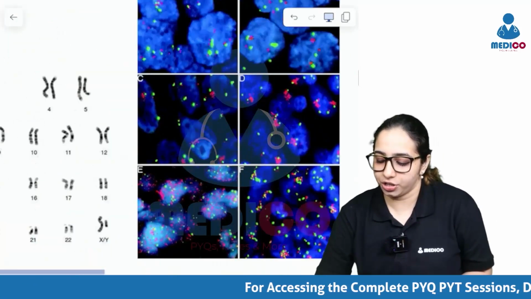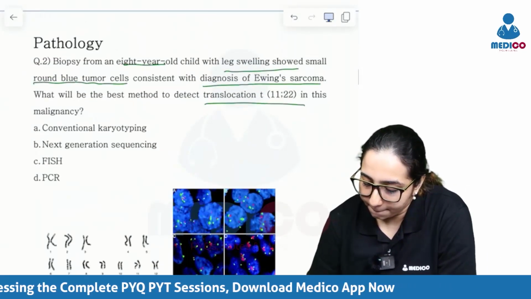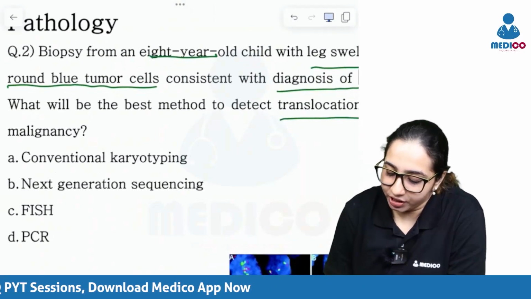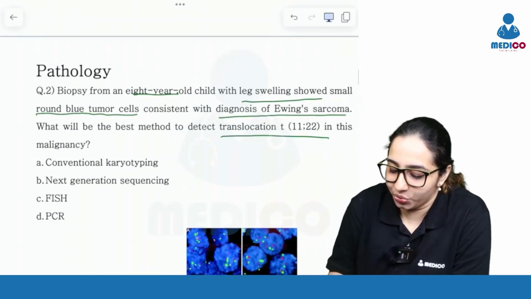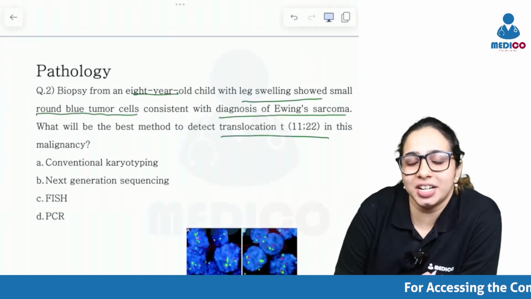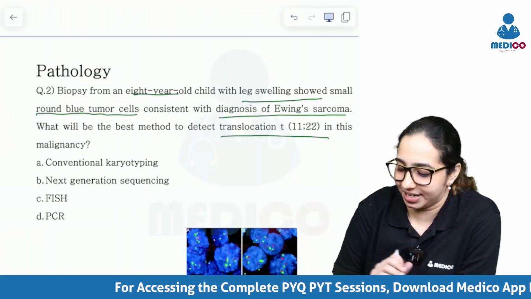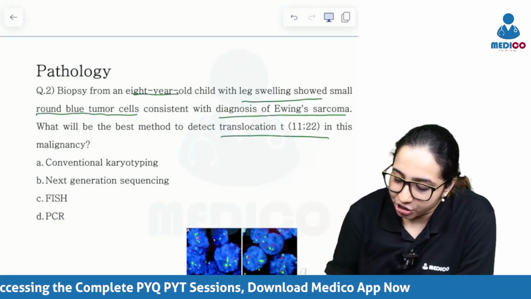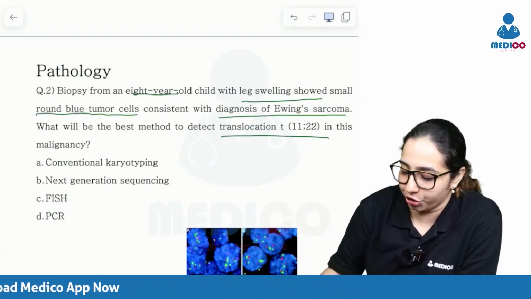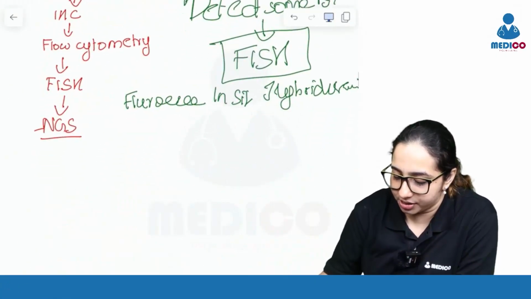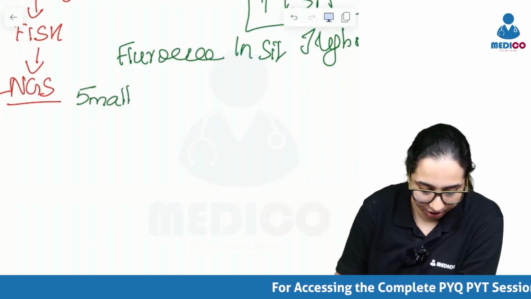Now, moving back to this question, you have the words small round blue cell tumors. This term is very commonly used in pathology, and more commonly in entrance examinations. There are several types, and I want you to write down examples. This is something extra that you need to learn.